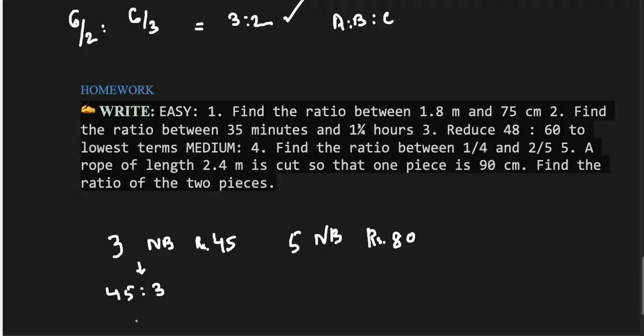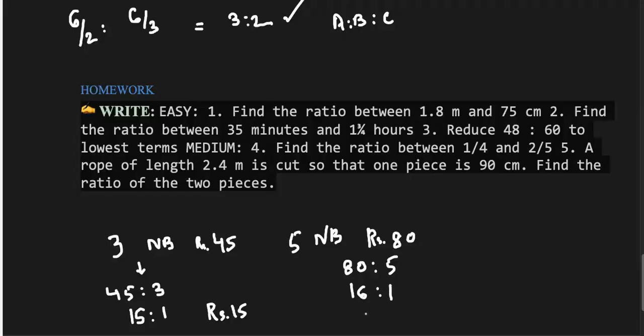So this will become 15 is to 1, which means rupees 15 for 1 notebook. Here 80 is to 5, which means dividing by 5 you will get 16 is to 1.